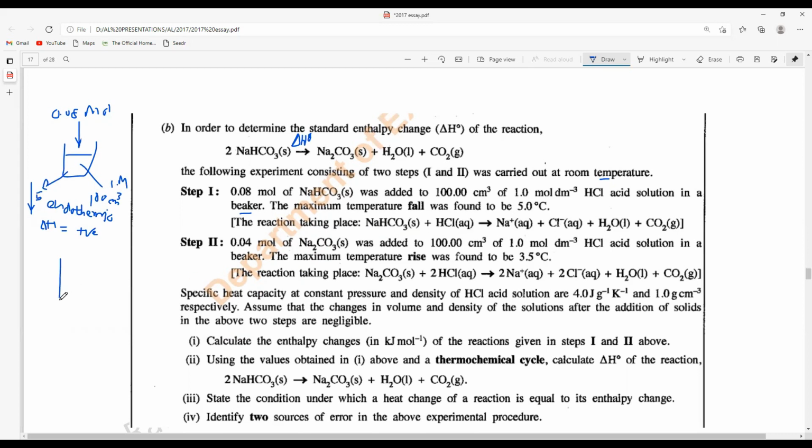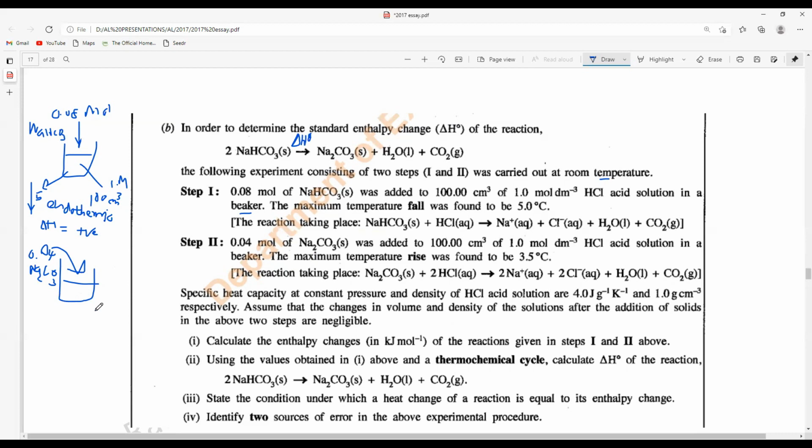In step 2, they have changed the reagent to sodium carbonate. So here this is 0.04 moles of sodium carbonate. Initially in step 1, it was sodium bicarbonate, but here it is sodium carbonate. So what is the reaction that is happening? That is the important part for us, right?